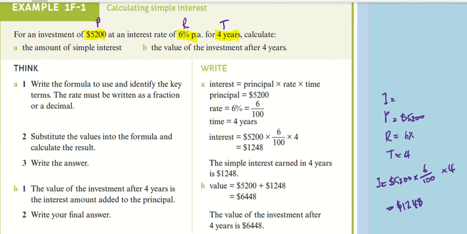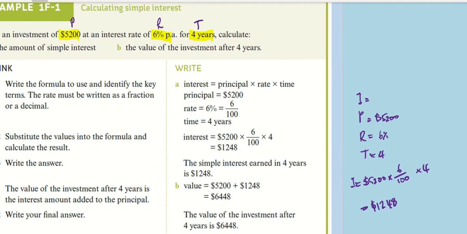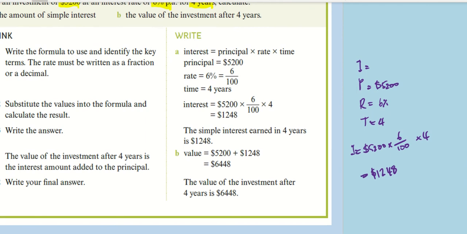Finally, we want to have a look at the value of the investment after 4 years. The final amount that you will be getting, and I generally use A for final amount, is going to be the principal plus the interest.